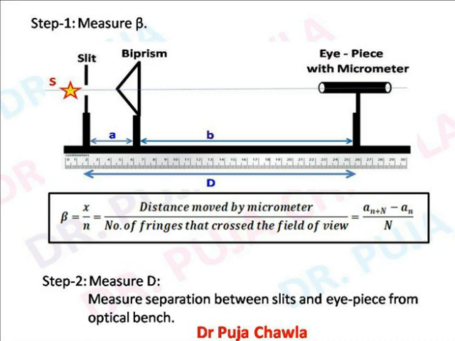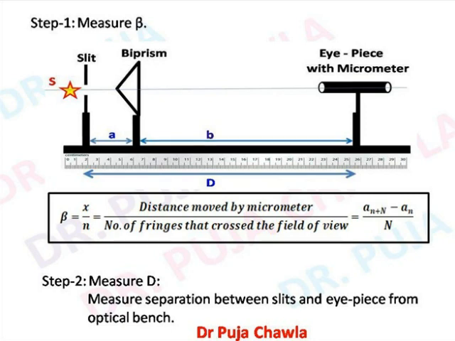First I set the apparatus. I have taken an optical bench, that is, a bench provided with a scale. Now I have placed 3 uprights. Uprights means stands. The first upright carries the slit, the second upright carries the biprism, and the third upright carries the eyepiece fitted with a micrometer.